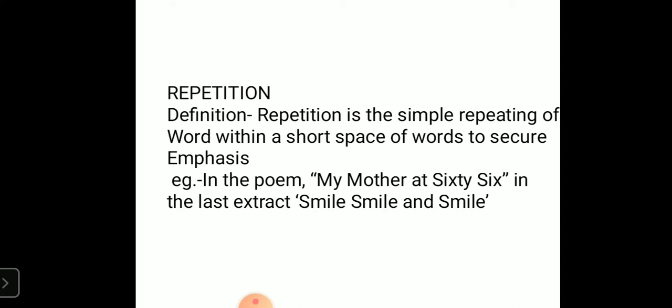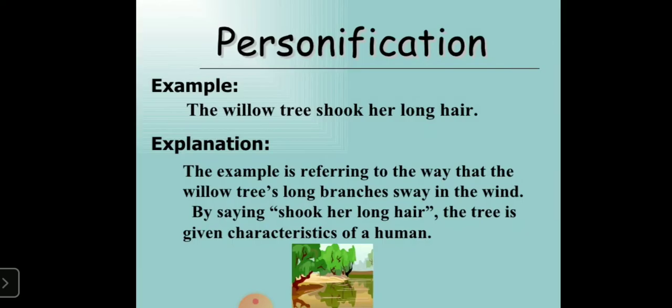Okay, so it is called repetition. Right, my dear? So alliteration is repetition of consonant sounds, not the vowel sounds. You must be clear in it. And repetition is repeating of the whole word. Okay, now let's go back and see certain more.